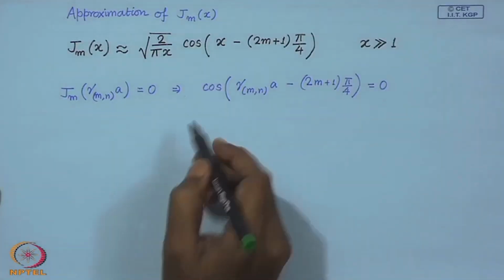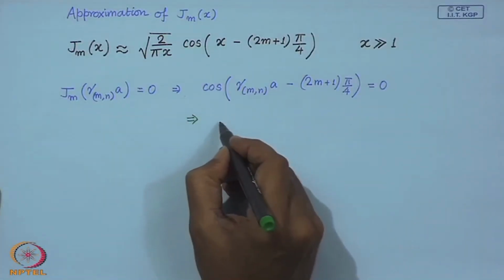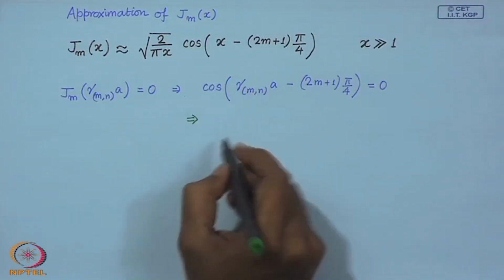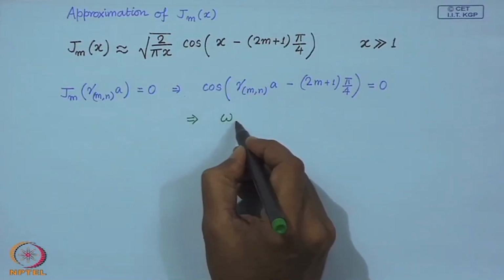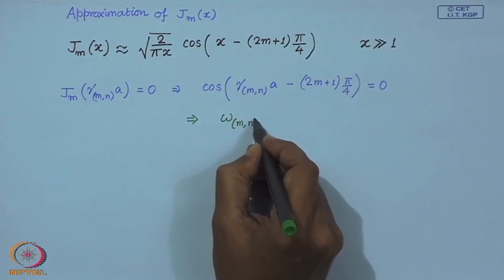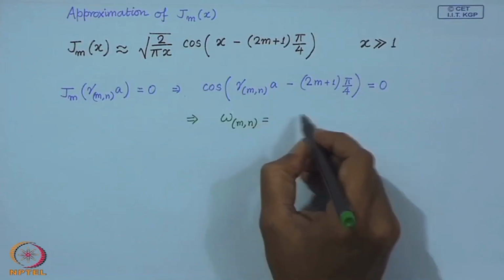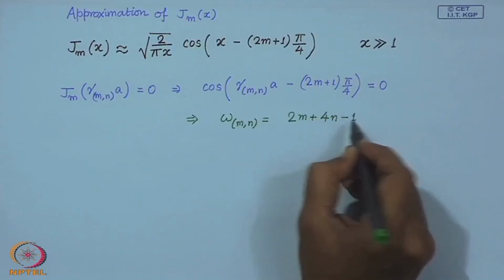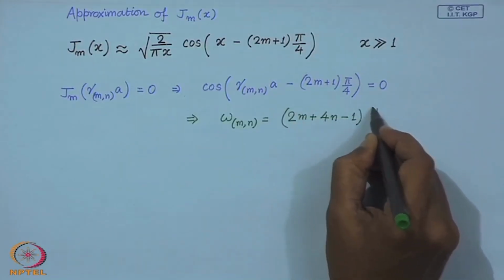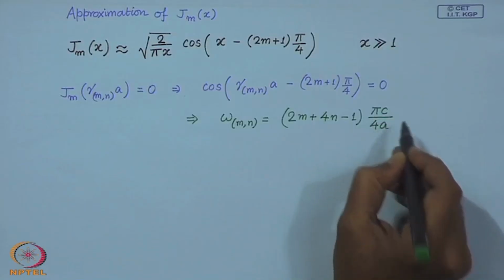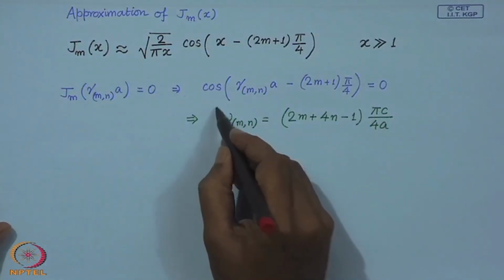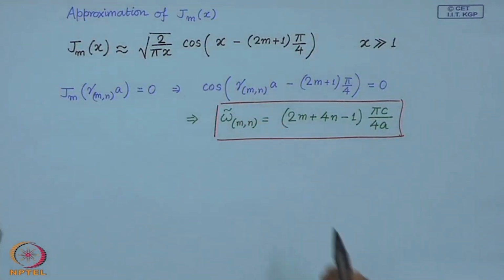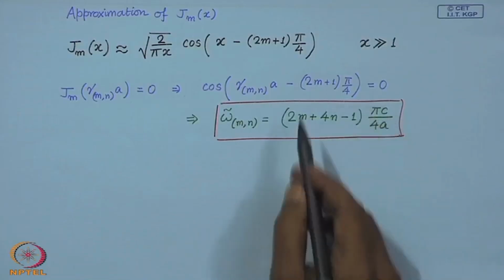Now, this gives us, if I write this as omega m n over c, and write out, so this is an approximation. Let me put a tilde to denote that this is an approximation.